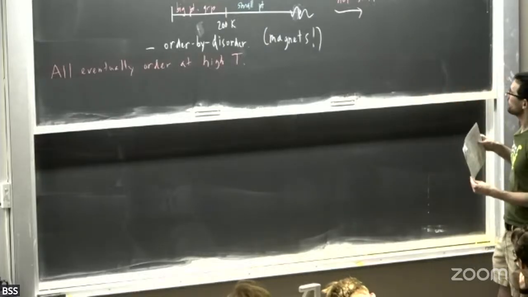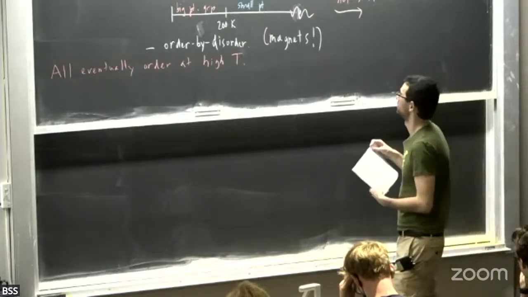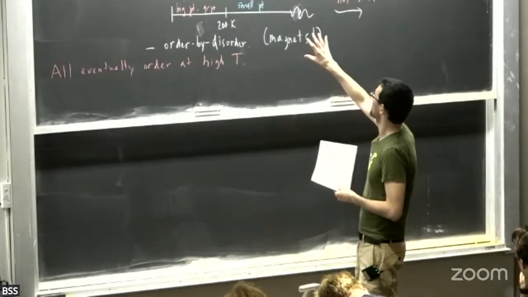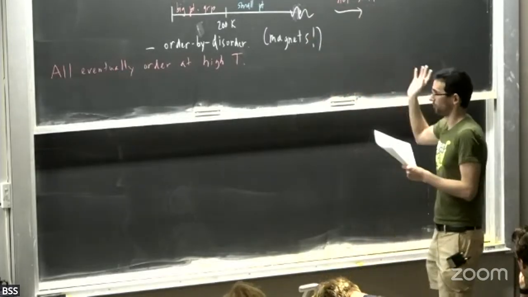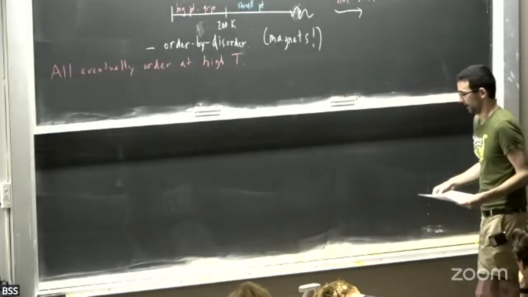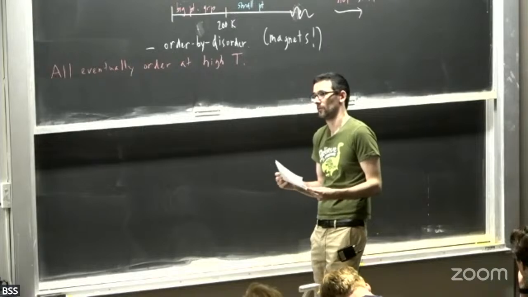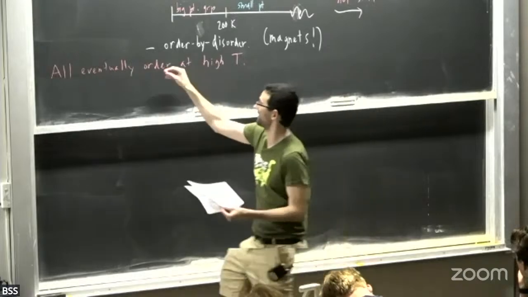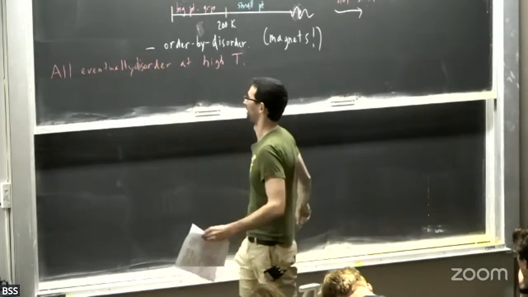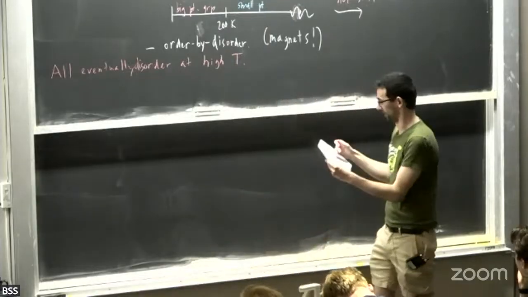So these things always have this intermediate re-entrant order, but it goes away. Yes, all eventually disorder at high T.